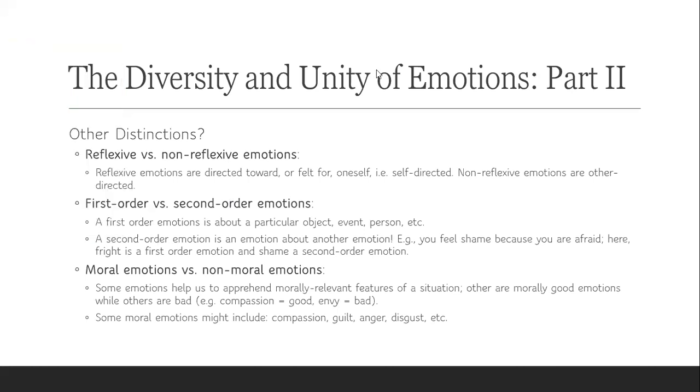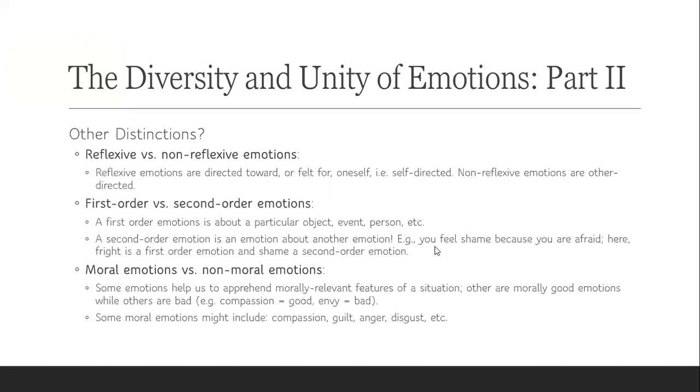What are some others? Well, there's first order and second order emotions. Here's where we start getting a little meta. A first order emotion is about something particular, a particular object, an event, some scenario, a person. But a second order emotion is an emotion that is about another emotion.